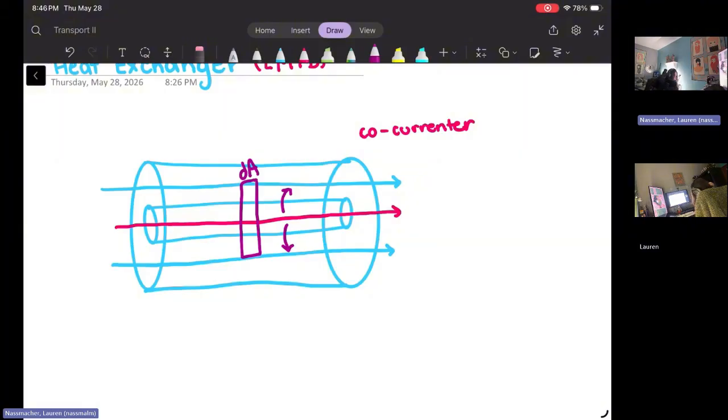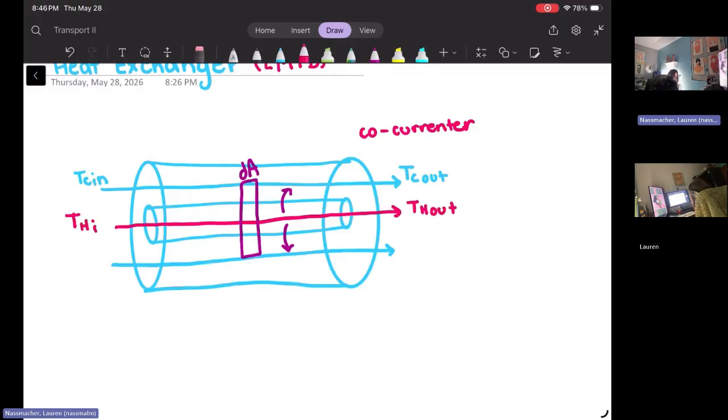So as you go down the heat exchanger, your cold temperature going out is going to be hotter than your cold temperature going in, versus your hot temperature coming out is going to be colder than your hot temperature coming in.